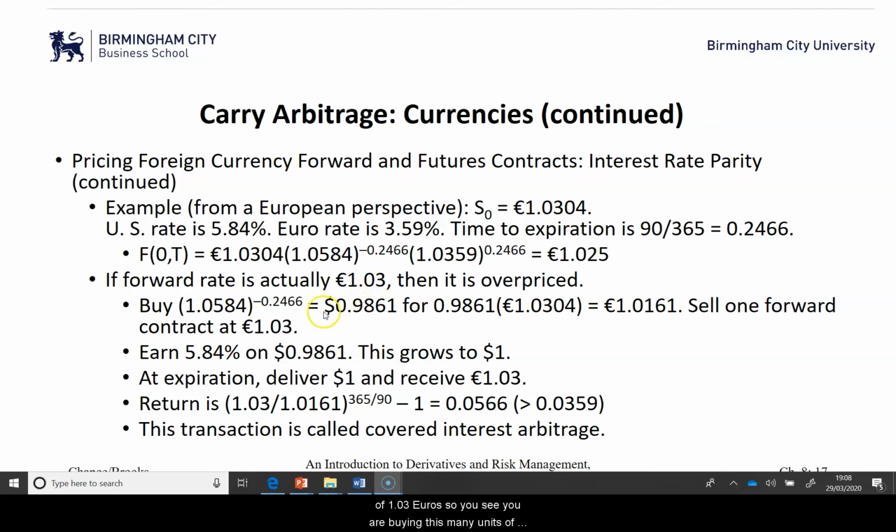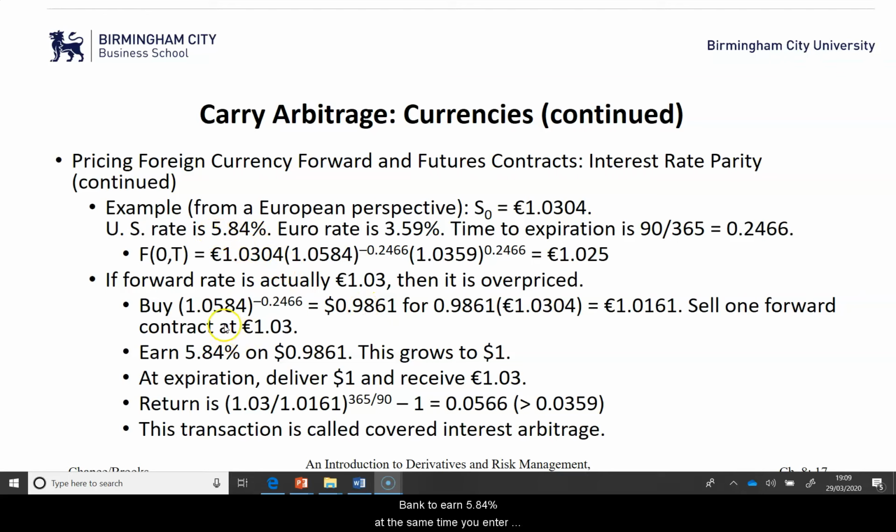So you see, you are buying this many units of the foreign currency, and for that you need this many units of local currency, and once you have purchased the foreign currency units, that is borrowing this much in your local currency at 3.59% and then using the proceeds here from this to buy $0.9861, you keep that deposit in a US bank to earn 5.84%.